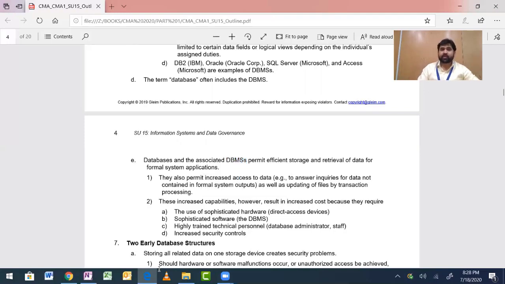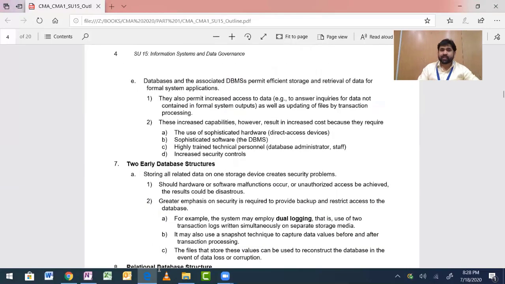They also permit increased access to data as well as updating of files by transaction processing. These increased capabilities, however, result in increased cost because they require sophisticated hardware, sophisticated software, highly trained people, and increased security controls. But actually, the benefits are bigger and greater than the cost. That's why these things are so common these days.